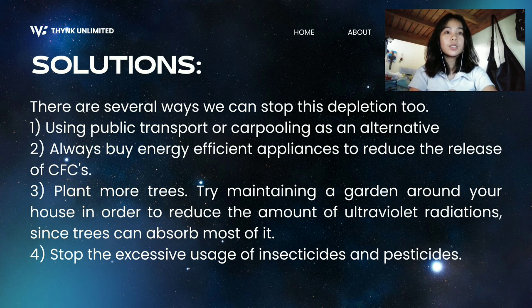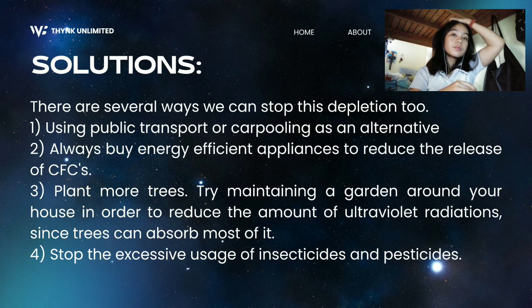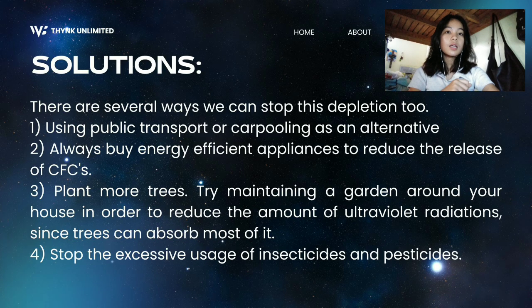So here are the solutions for ozone layer depletion. There are several ways we can stop this depletion. First, using public transport or carpooling as an alternative. Second, always buy energy efficient appliances to reduce the release of CFCs.